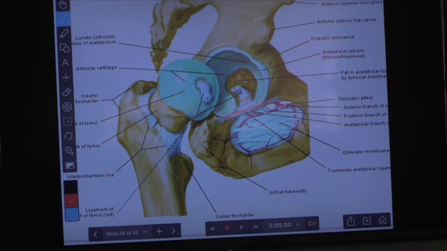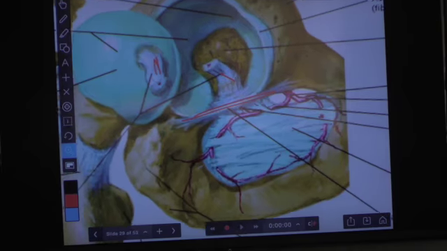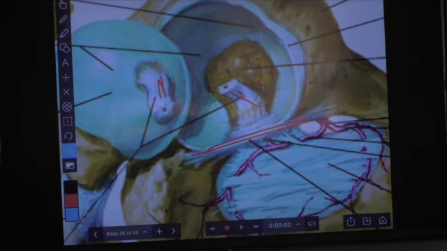There's another ligament that we call the ligament of the femur. So here's the ligament of the femur, this one. And this is a ligament that has an artery inside. A small artery inside it. Let me see if I can make it bigger. It has an artery inside it, and it goes to the fovea of the femur. So it supplies blood supply into the femur that way.